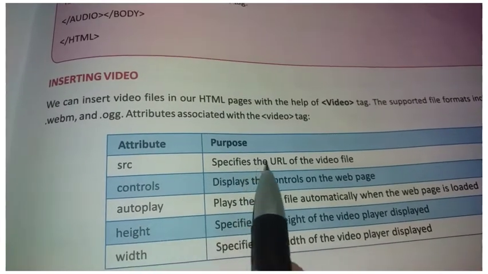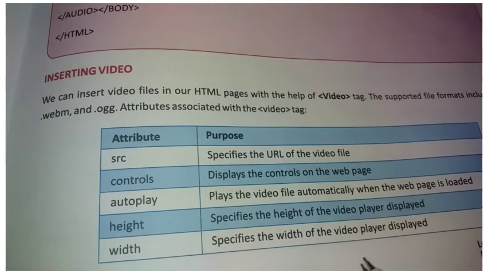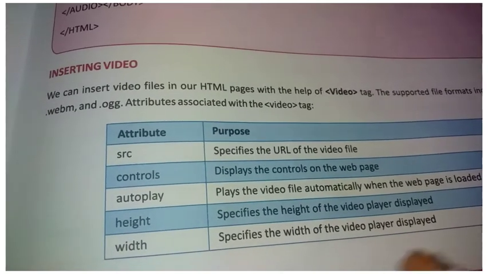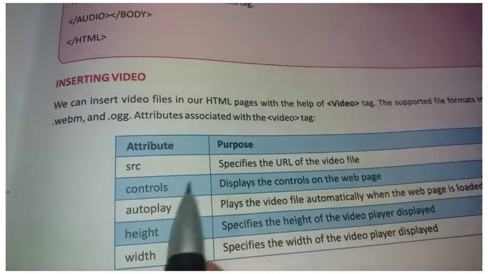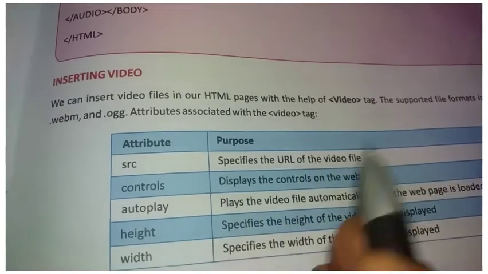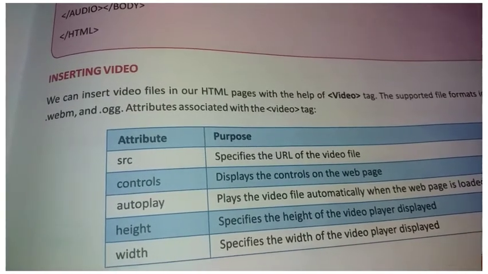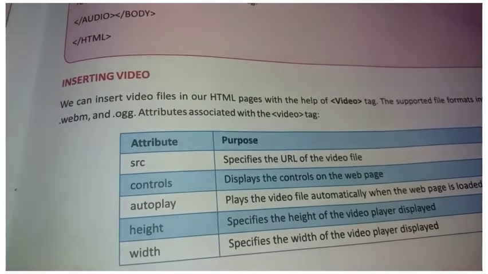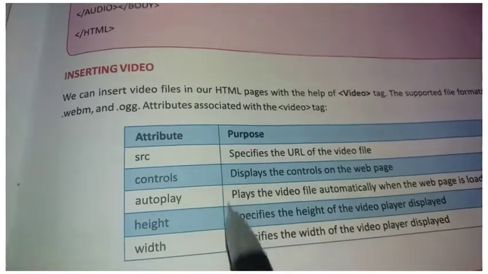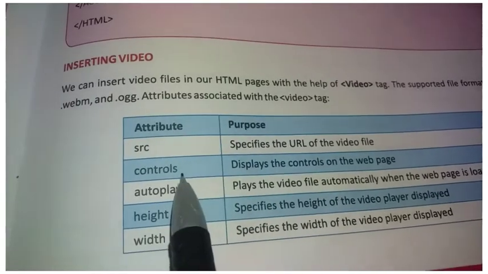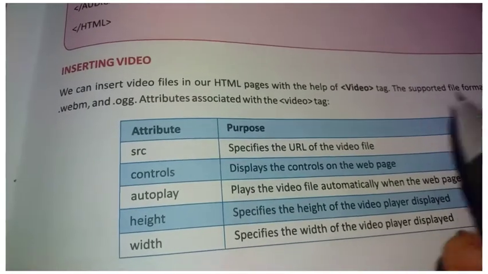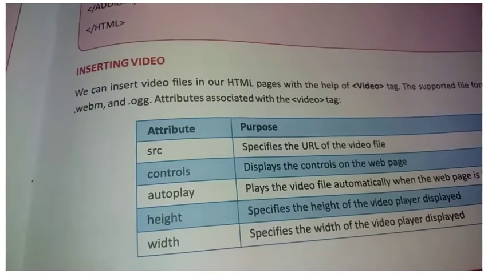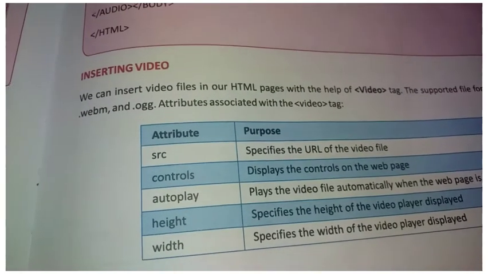Controls gives the controls: pause, stop, mute, like that. Autoplay means it plays continuously when you open a web page. Height means the video must be displayed only up to this much size. We specify that height and width if we use the height and width attributes.